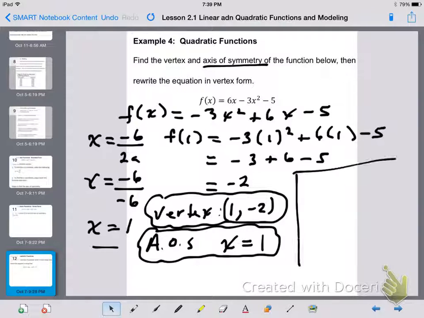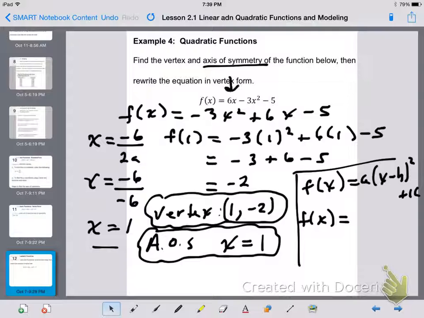So let's write f of x equaling a times x minus h squared plus k. So f of x is going to equal, well, my a is right here, that's 6. Oh, no, I'm looking at the wrong one, so you have to be careful here.